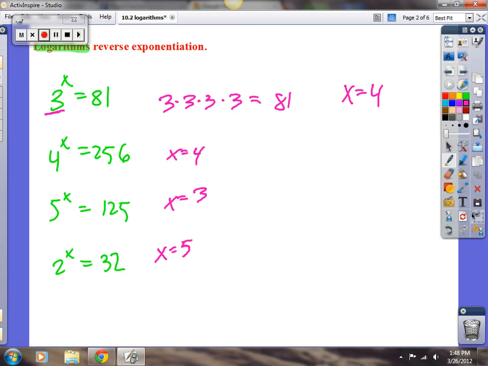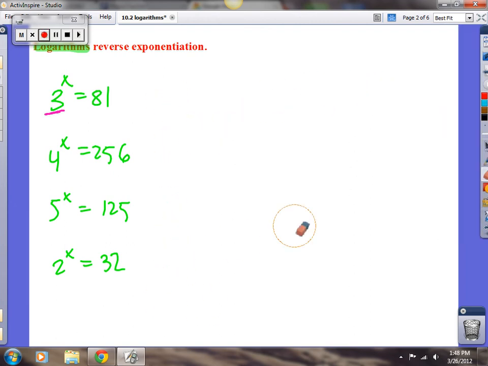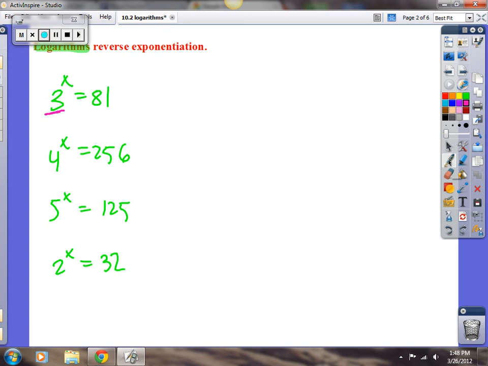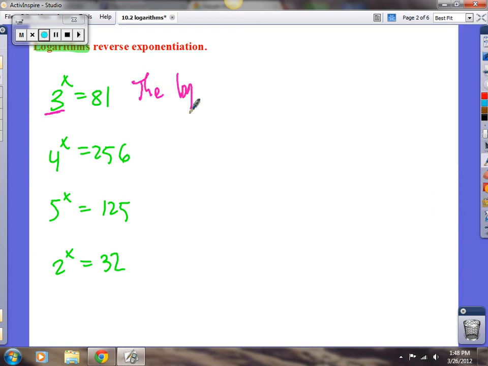But let me show you how to write this in English using a logarithm. Here we go. Problem number 1. The logarithm. The symbol for logarithm is log. That's on the calculator.